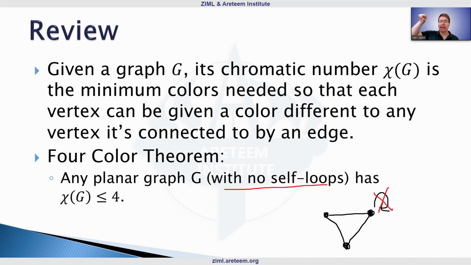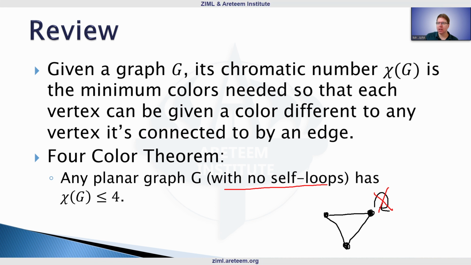There's no way that a vertex is connected to itself, because of course that just breaks things immediately. But if we have a planar graph, then you can color it in four colors. That doesn't mean that chi of G is 4. It means that chi of G is less than or equal to 4. So that's the four color theorem there.